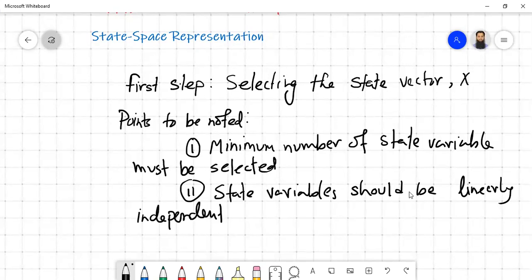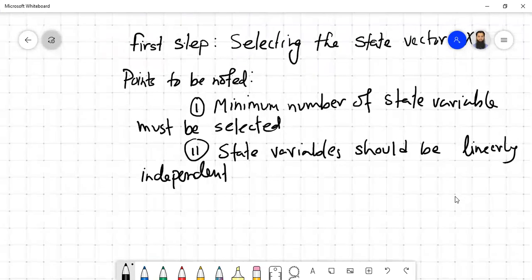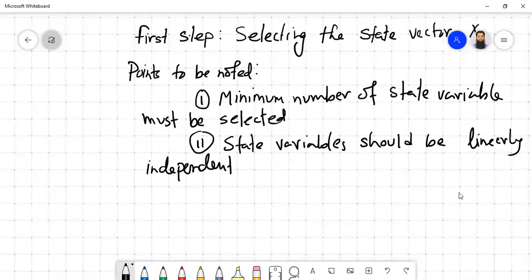Okay, so for the first point, we already discussed what the number of state variables should be.